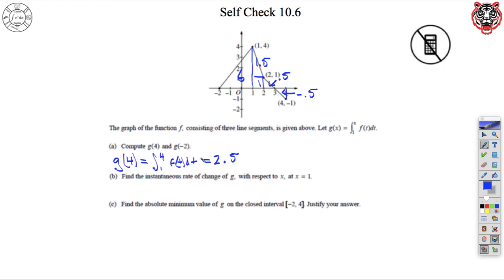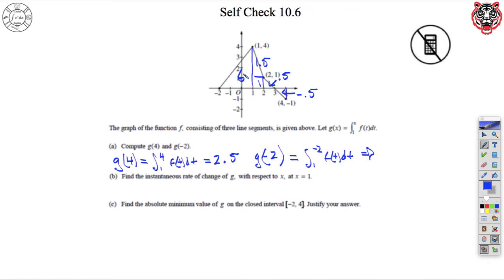All right, oh wait, forgot g of negative 2. There it is. G of negative 2. Now, this is going to be the integral between 1 and negative 2 of f of t dt. But again, I want to flip that around. Isn't the area of the triangle 8, not 6? 1, 2, 3 by 1, 2, 3, 4. So 3 by 4 is 12, and then divide by 2.